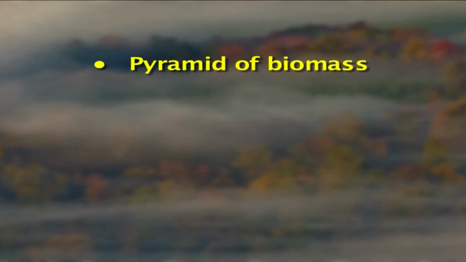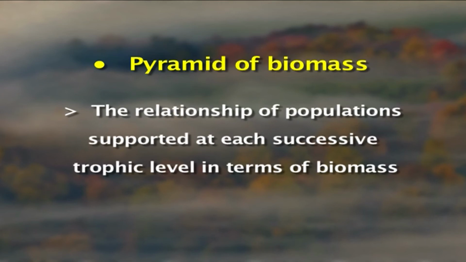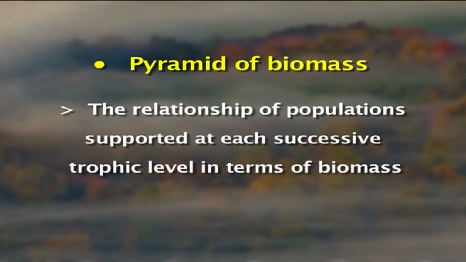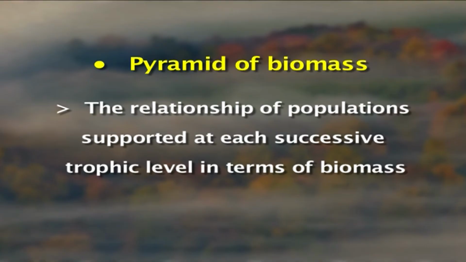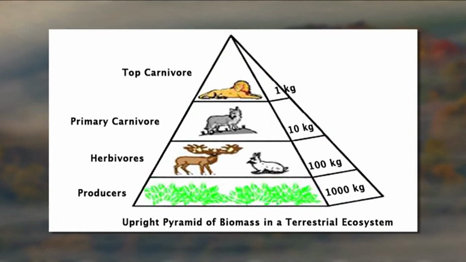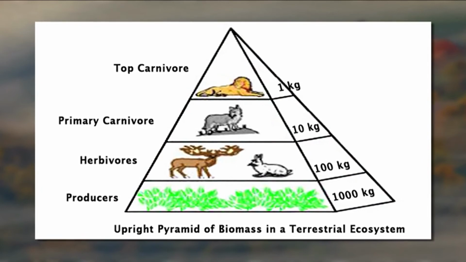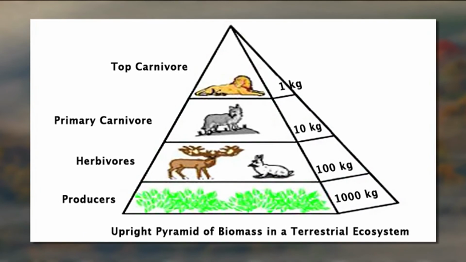Second, the pyramid of biomass. The pyramid of biomass shows the relationship of populations supported at each successive trophic level in terms of biomass. Biomass refers to the total weight of living matter and is measured both as fresh or dry weight. In case of forest and grassland ecosystems, the biomass decreases from the producer level to the consumer level, and as such the shape of pyramid is upright.